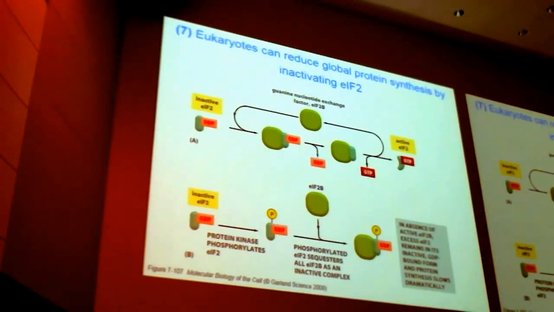And we'll talk about a few different aspects of it. One is where there is a sequestration of the initiation factor EIF2. So EIF2 is eukaryotic initiation factor 2. Here the initiation is for initiation of translation.